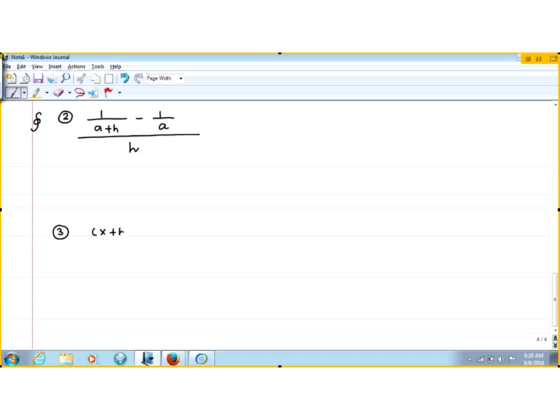And then number 3, x plus h to the negative 3 minus x to the negative 3, divided by h. When we simplify the derivative, we use this, but only at the beginning, so we don't do this all the time. The derivative of 1 over x is the limit as h goes to 0, etc.